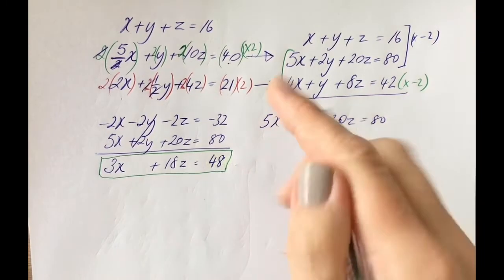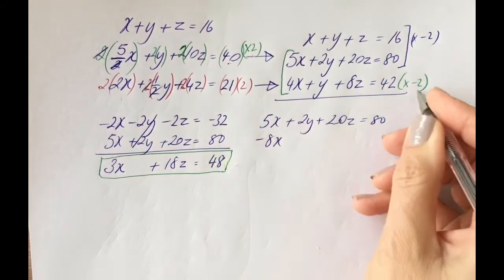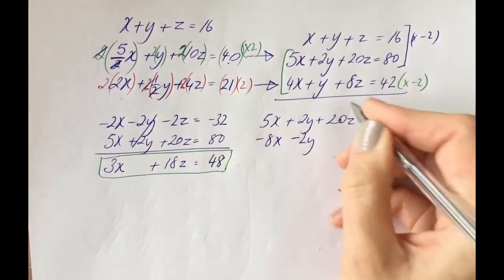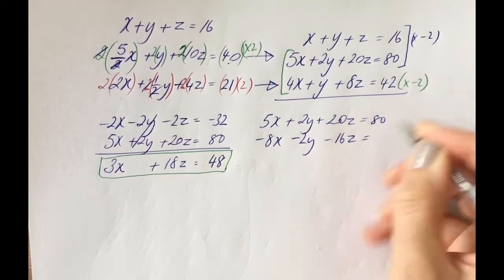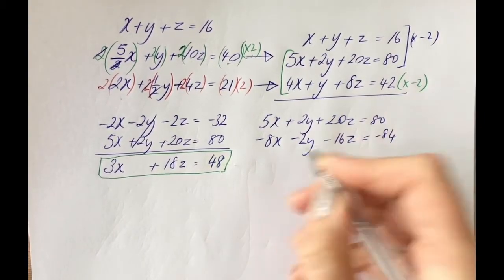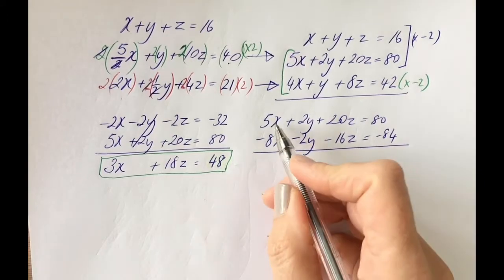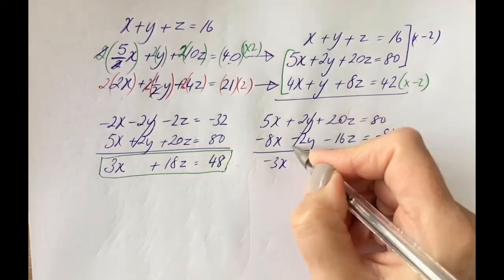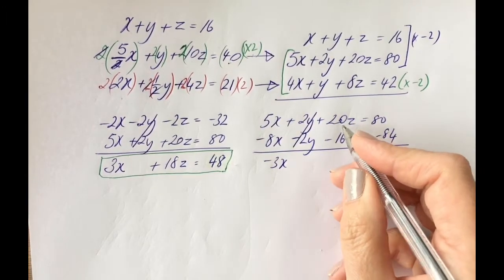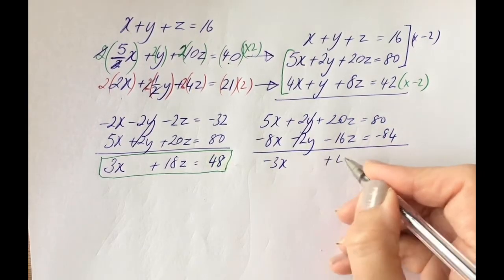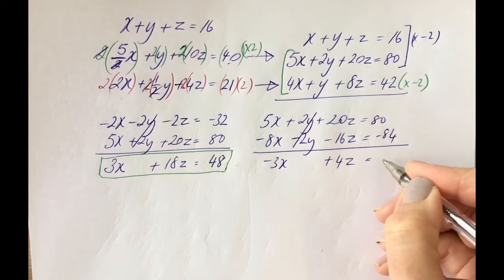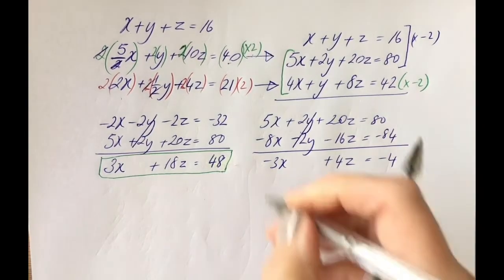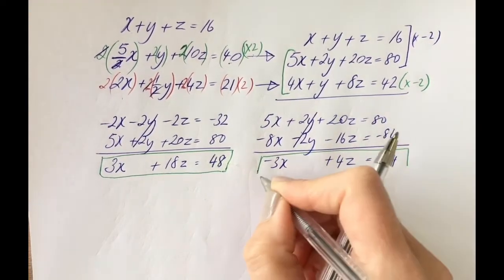Multiplying by minus 2 here, I have minus 8x minus 2y minus 16z equals minus 84. Adding these together, 5x minus 8x is minus 3x, 2y minus 2y is nothing, 20z minus 16z is a positive 4z, and 80 minus 84 is minus 4. So that's my second equation.